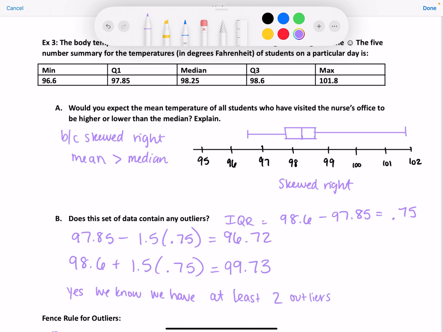It's possible that there are more, especially, I would say, a little bit more likely on the max end of it. But not necessarily a guarantee.